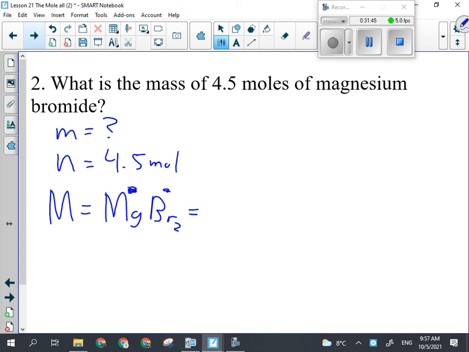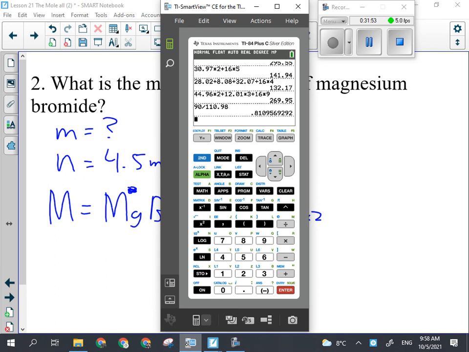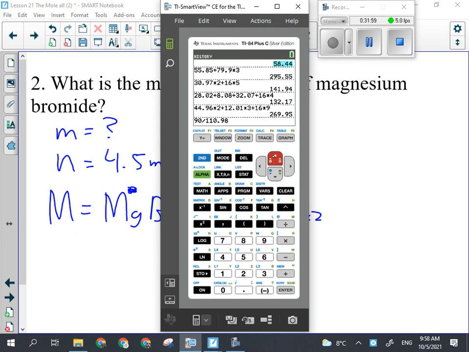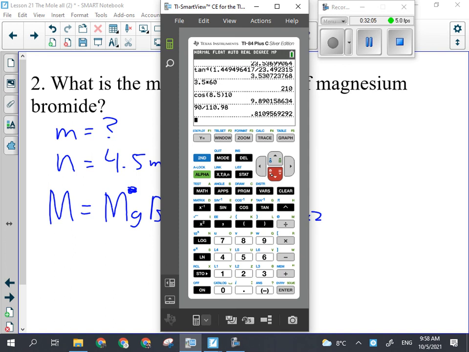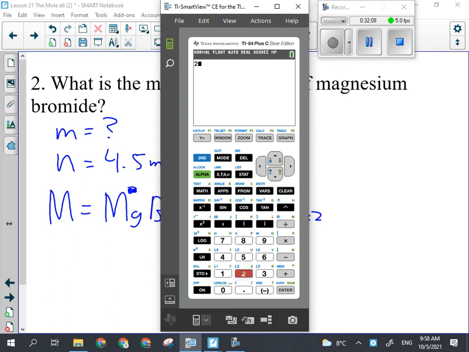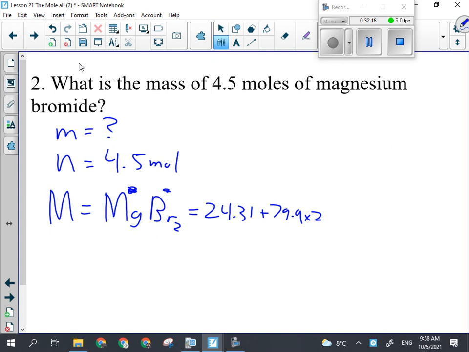All right, so for magnesium bromide, 24.31 plus 79.9 times 2, 184.11 grams per mole. Okay, so that would be 1 mark.